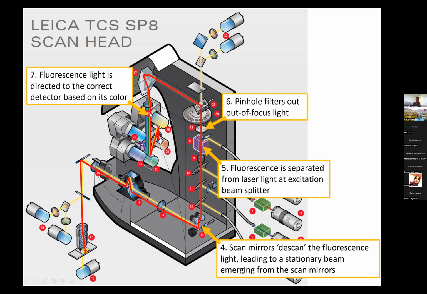And here we use, for example, in this particular setting, prisms to spread the different colors spatially, and then these individual colors can be separately directed to different detectors so that we can take multicolor images simultaneously, right? So in this case, this would be red fluorescence.